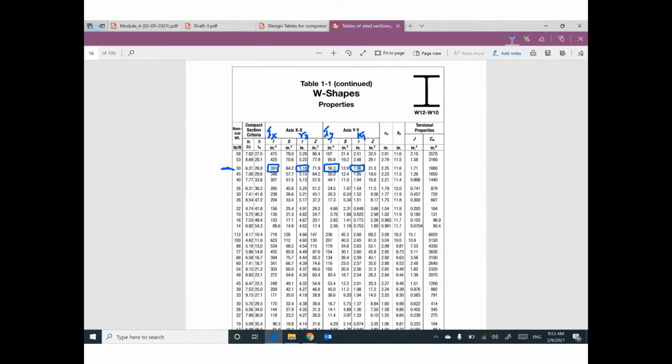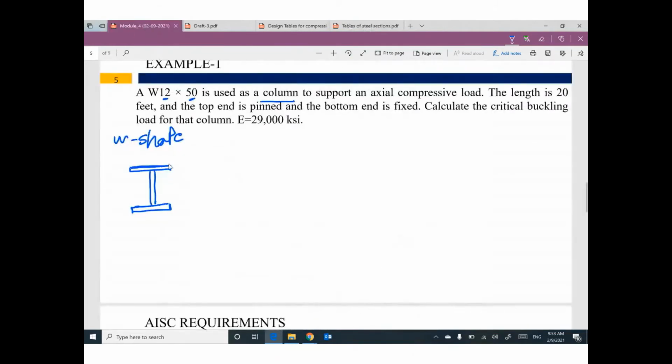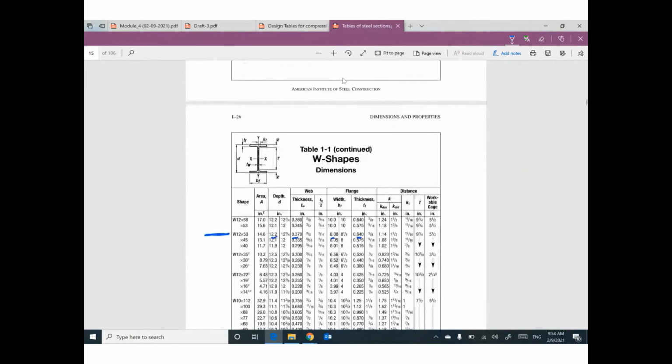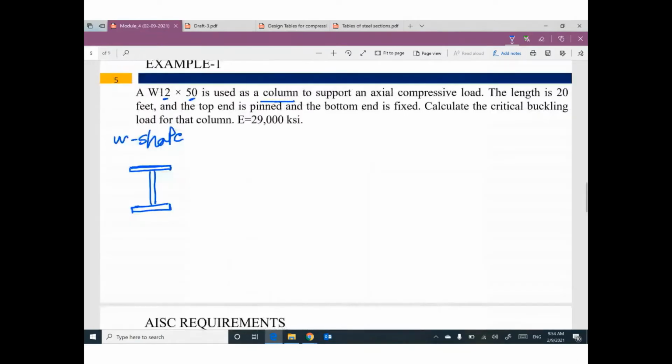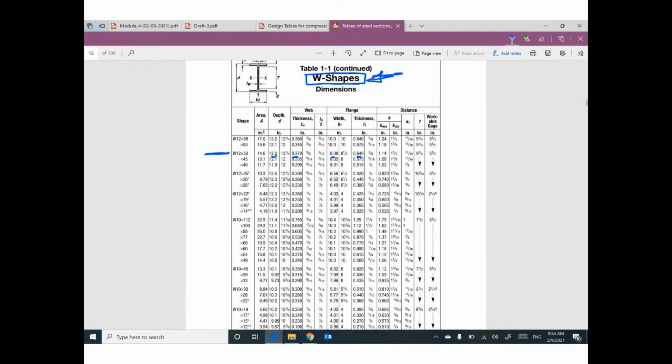Okay? So keep in mind, if any cross section is given, you can open the table of steel cross sections and make sure you are on the right shape. We are here at W 12 times 50. So please open the tables for W shapes, and then find where this cross section, 12 times 50, is.